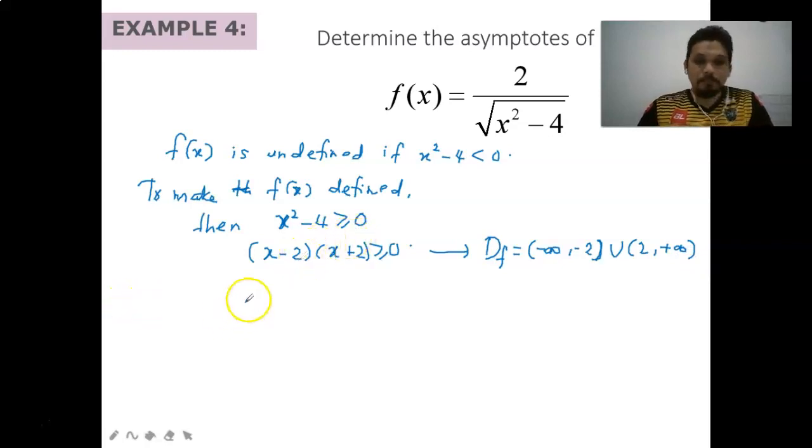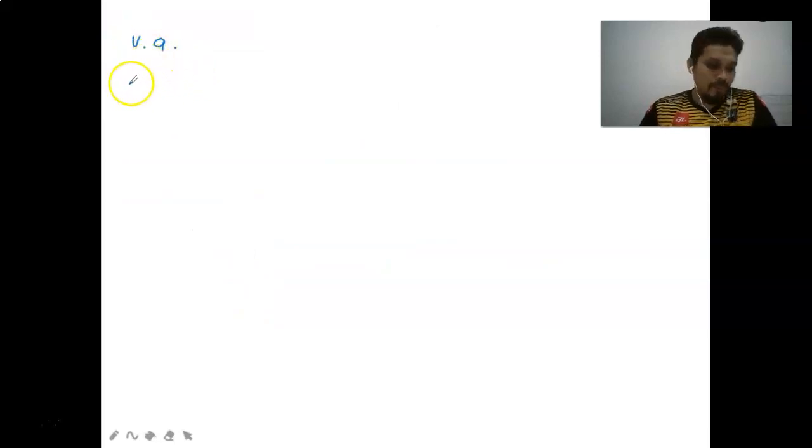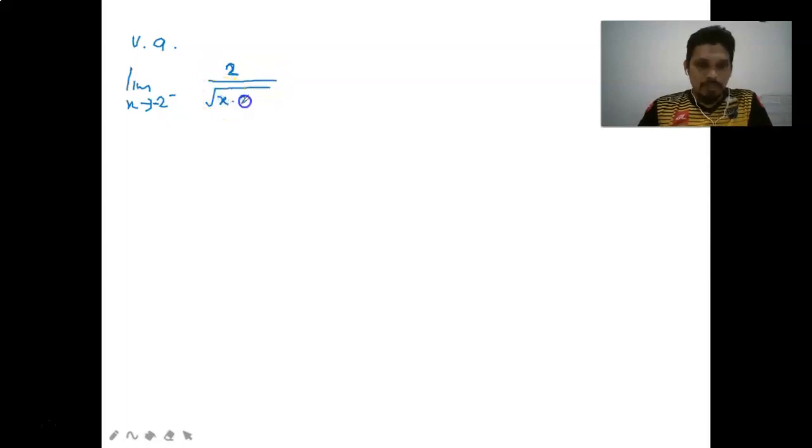So now, for the vertical asymptote, we look at the limit as x approaches negative 2 from the left of the function 2 divided by the square root of (x minus 2)(x plus 2).